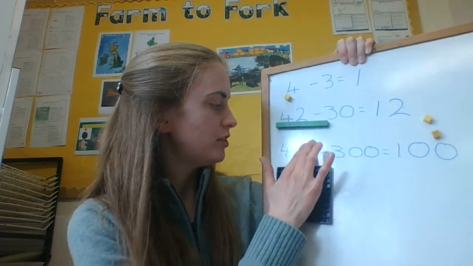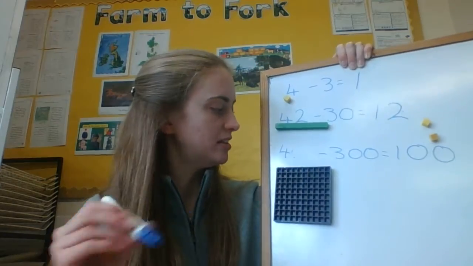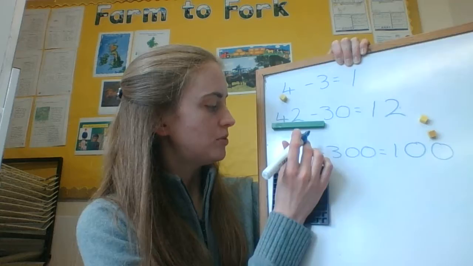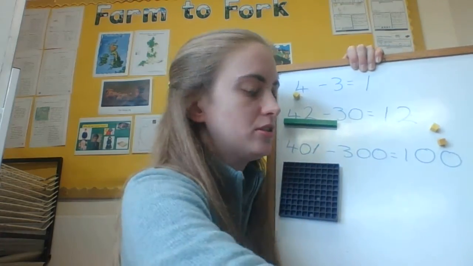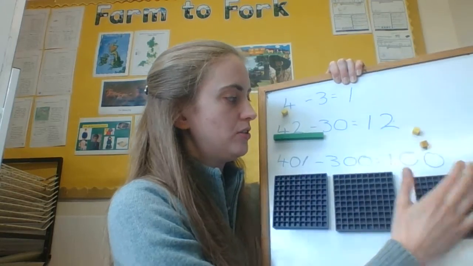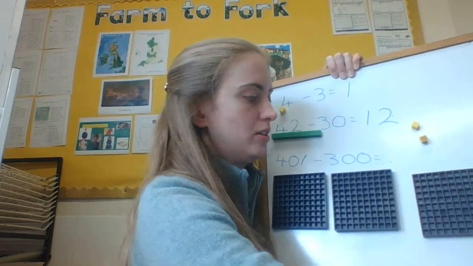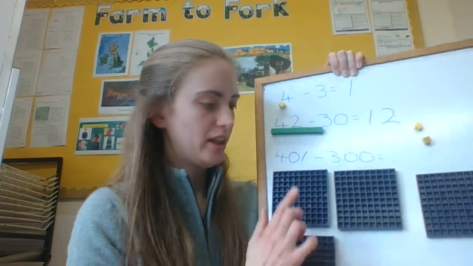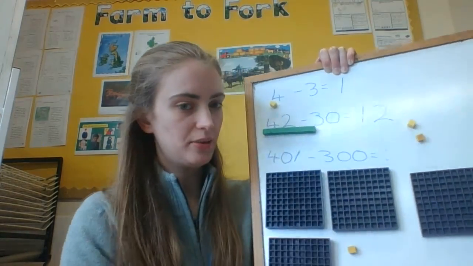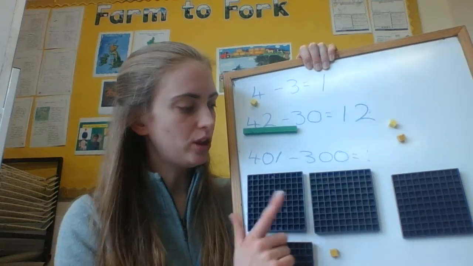And that also works with hundreds. If I have 401, so 4 hundreds, 1, 2, 3, 4, and 0 tens and a 1. There we go. 401.